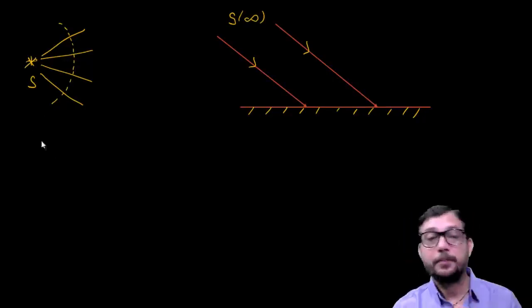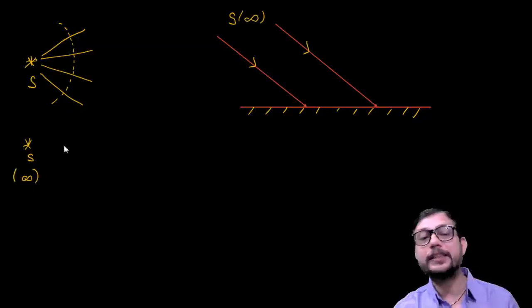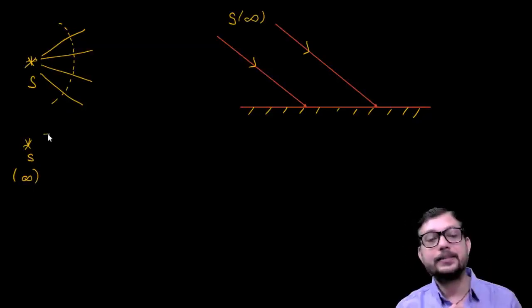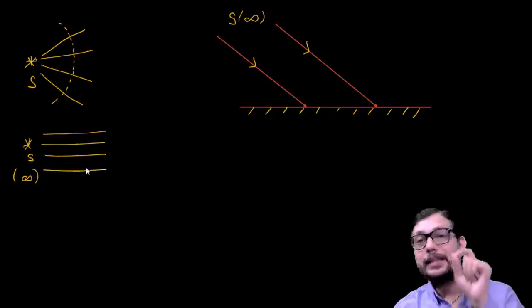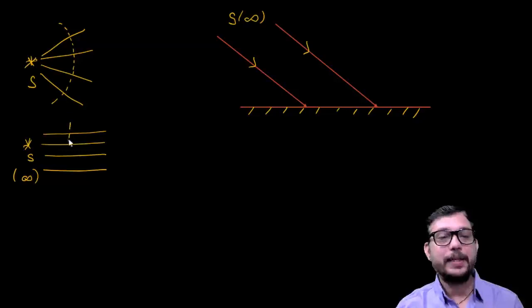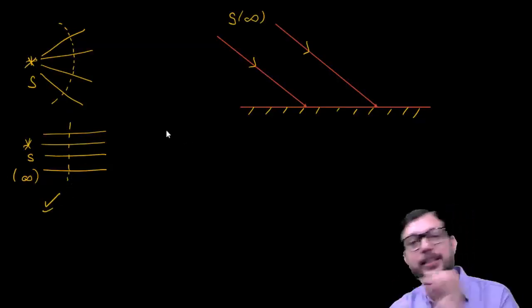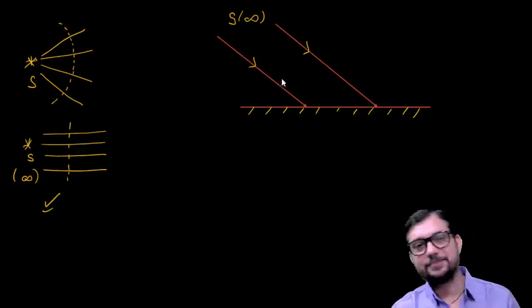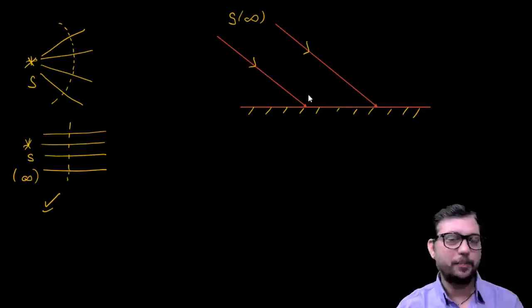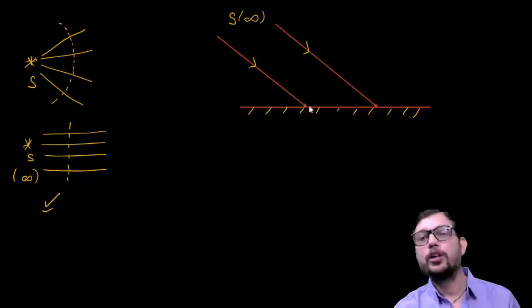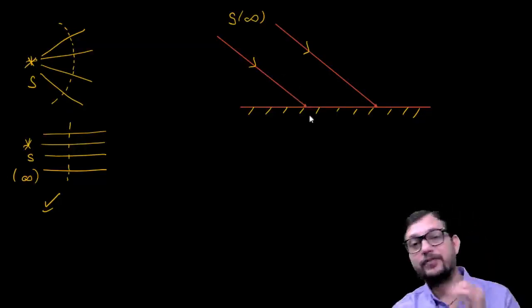But if we take a source which is at infinity, in that case the rays will be parallel, and a plane wavefront will be there like this. Okay, so the second case is applicable in this diagram. So the rays are parallel, so we have to draw a planar wavefront.